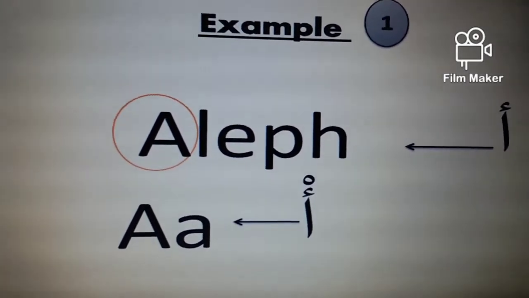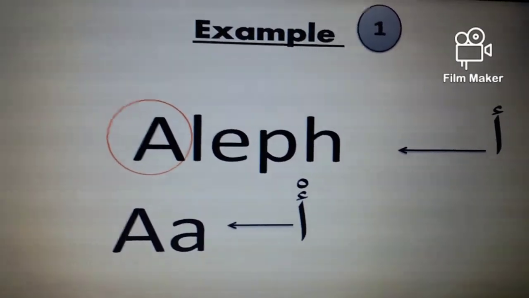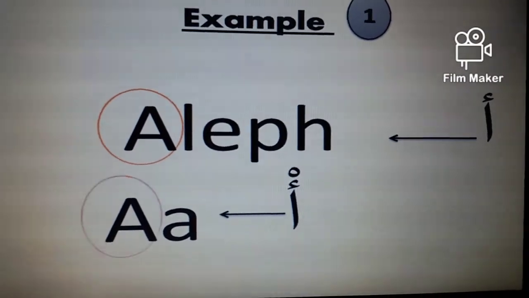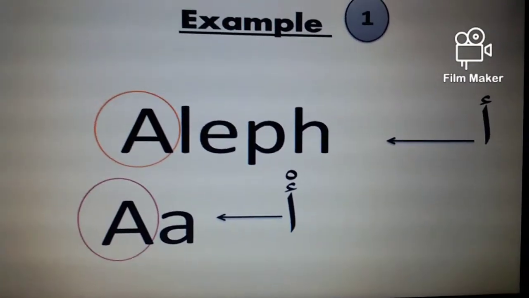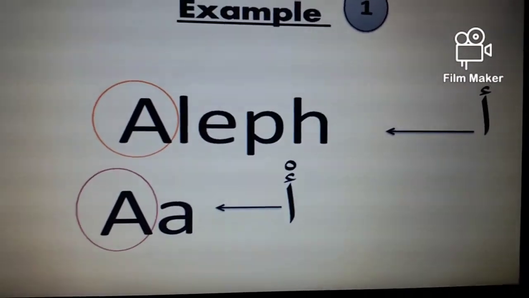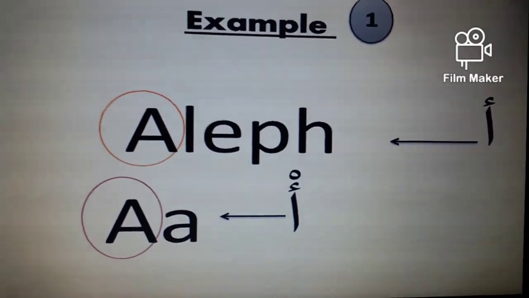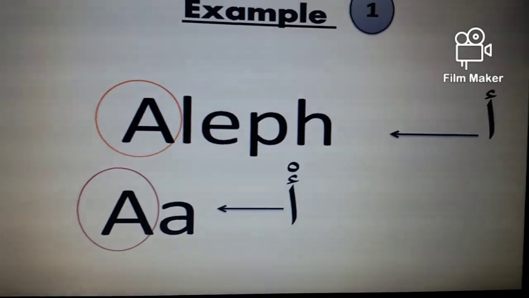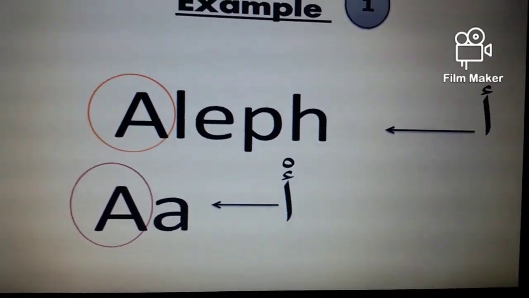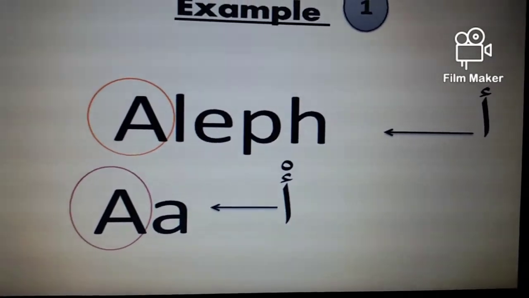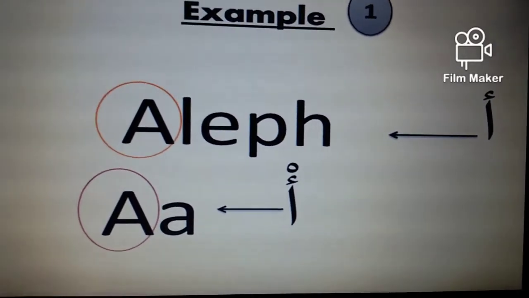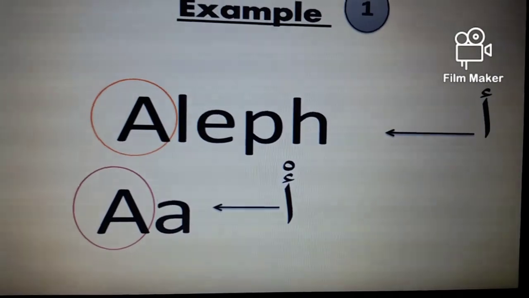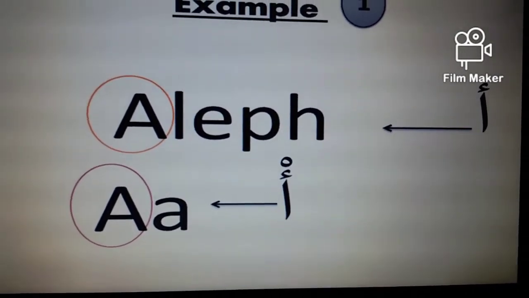We took the first letter of the name of that letter, which is A, and we pressed on it by saying it twice. So when that letter alif has the sukoon, we take the first a and then we press on it.